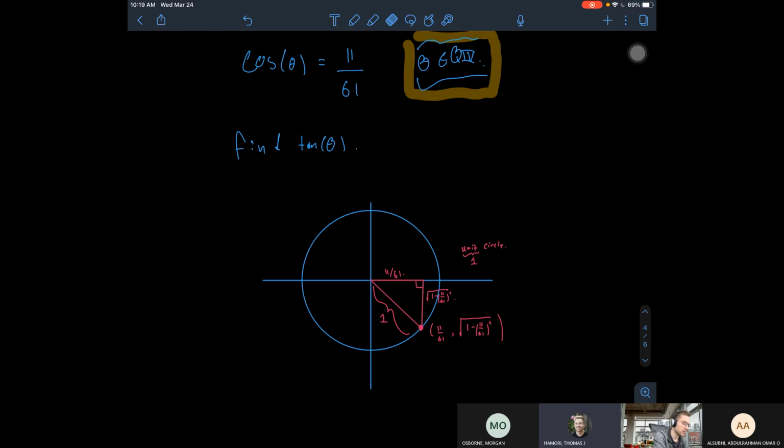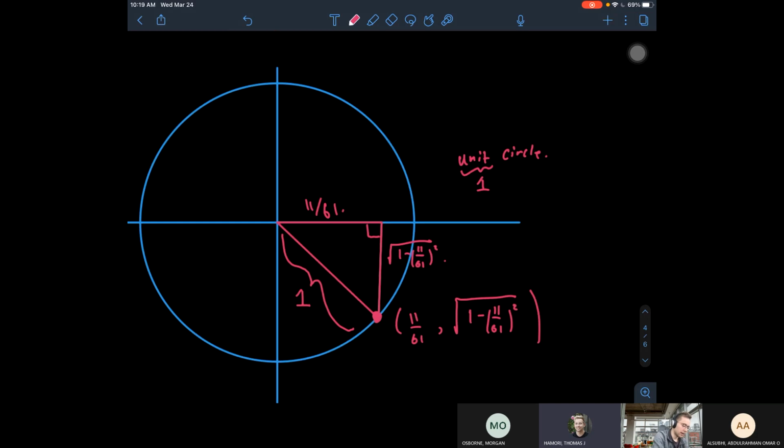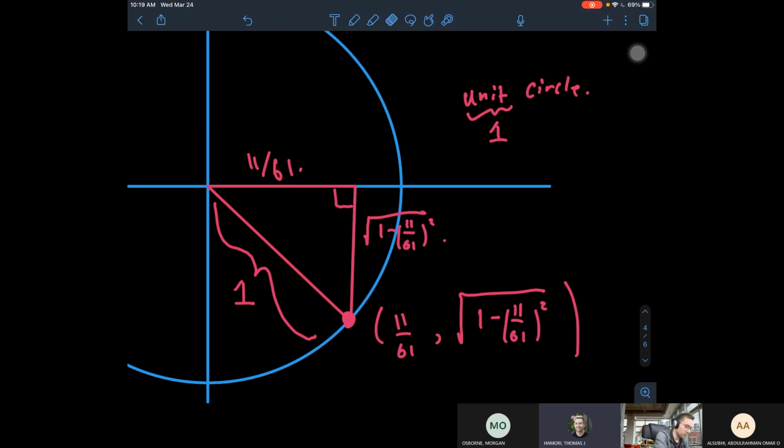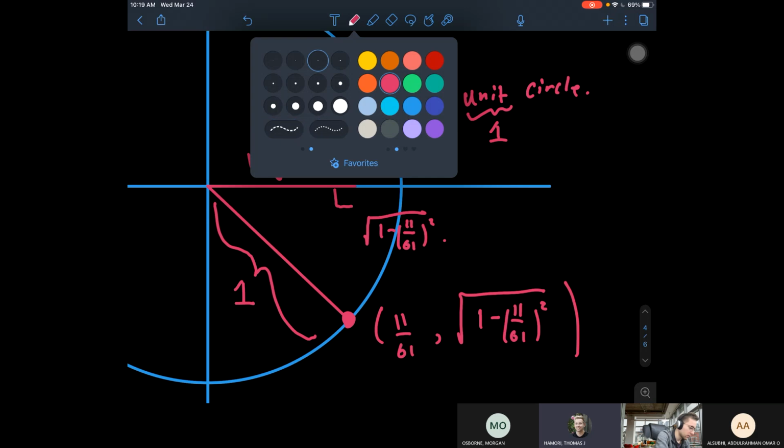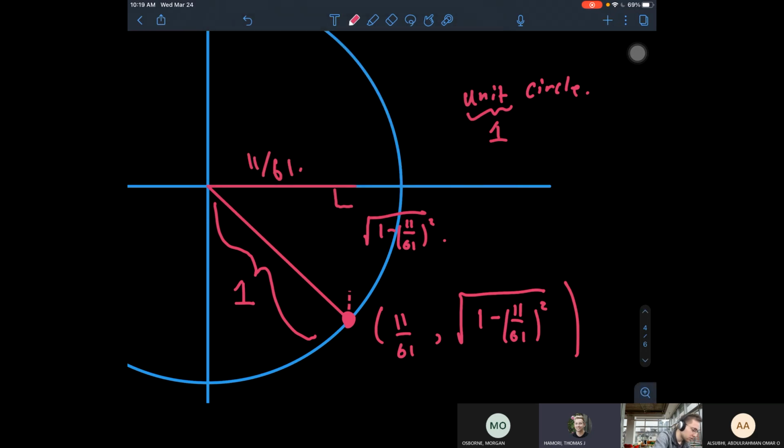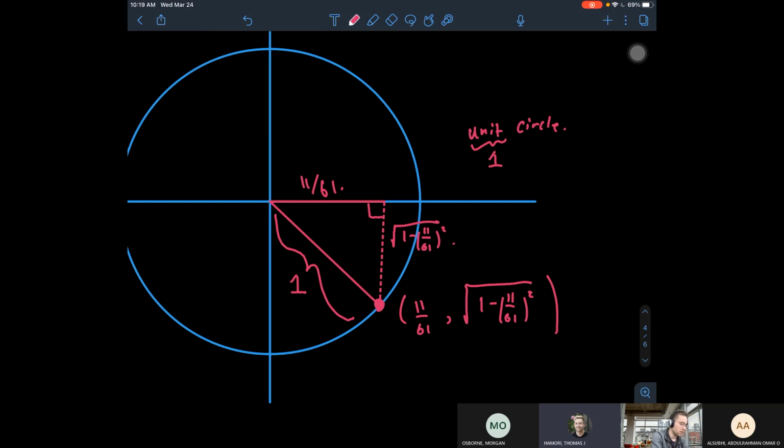Okay, so what did I do? Let's take stock. I drew in my angle theta. I made a triangle. I always make this triangle by dropping a dotted line, if you will, which goes vertically to the x-axis.